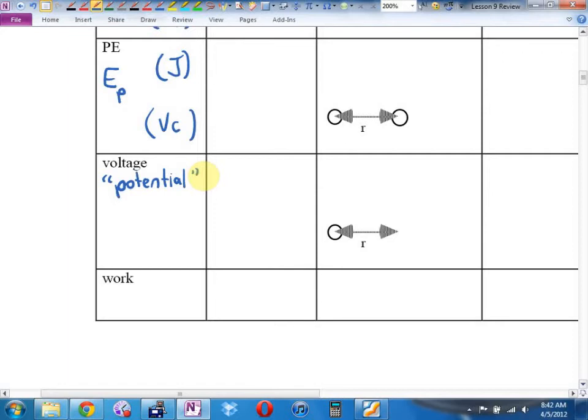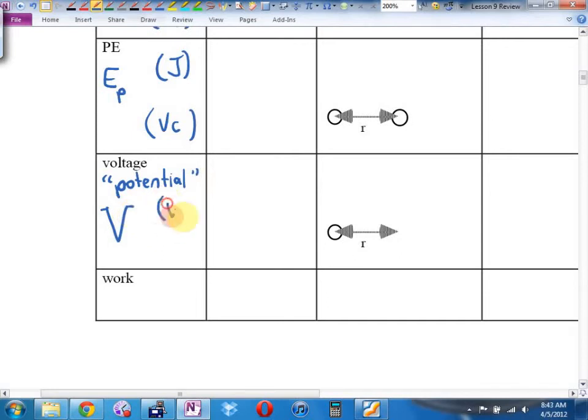I haven't found a way yet, aside from repeated warnings, to try and beat that out of you. Please understand the difference between potential and potential energy. Potential is voltage. Symbol, letter, V, and I always put the wings on it.